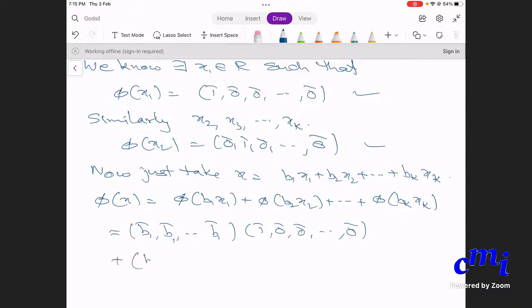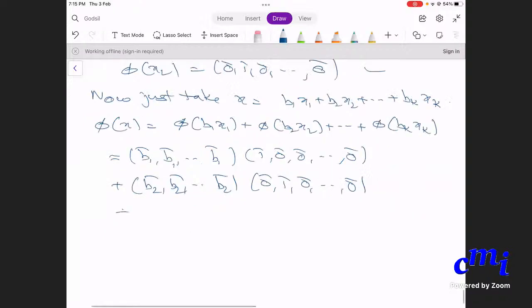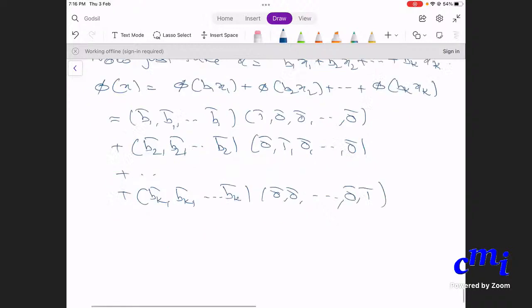Plus b2 bar, b2 bar, b2 bar times 0 bar, 1 bar, and so on and so forth up to bk bar, bk bar, bk bar times 0 bar, 0 bar, all zeros except the last one, which is 1. And we know how to add and multiply in this ring: multiplication is component-wise, addition is component-wise.